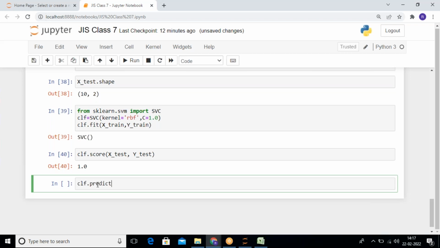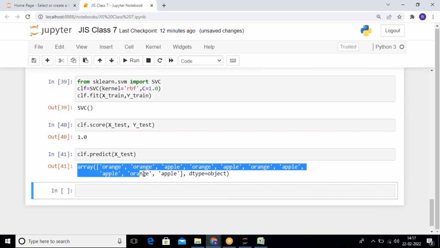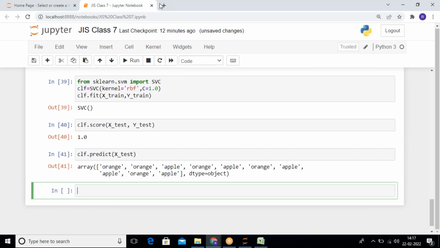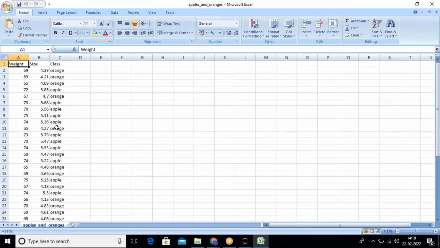Now clf.predict on X_test. If I run this, it's giving me apple, oranges. So whether it is giving the correct output or not, let us validate first. Suppose weight is 69 and size is 4.39, then it's an orange.